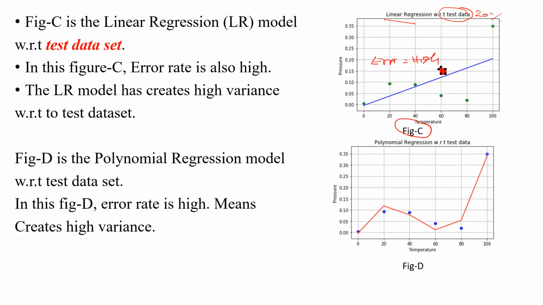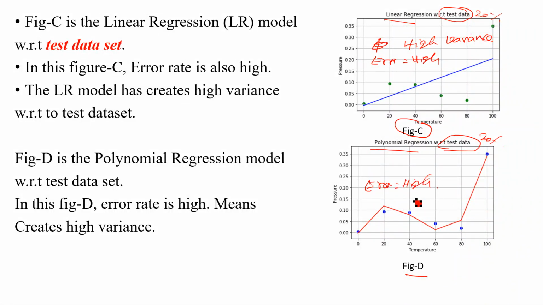Error is high, which is called high variance. High variance. If you see figure D, this is the polynomial regression with respect to the test data, the 20% of test data. The model passes through the nearby data points, but here the error is high.